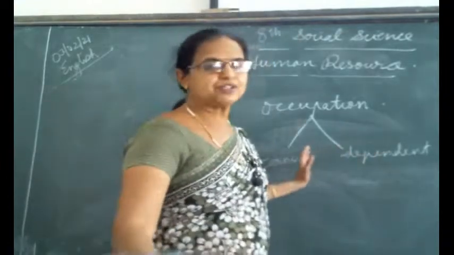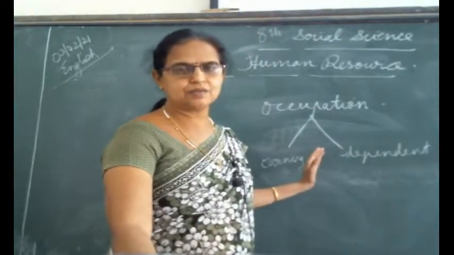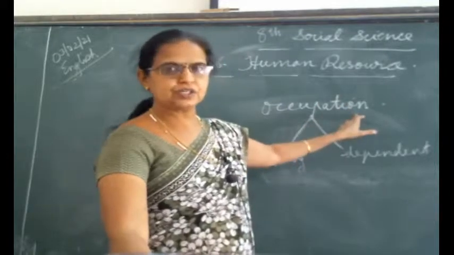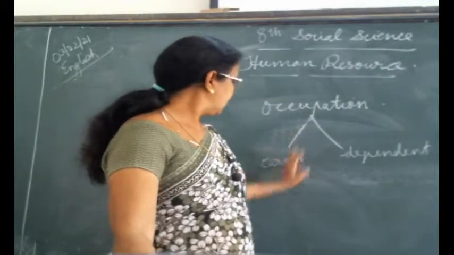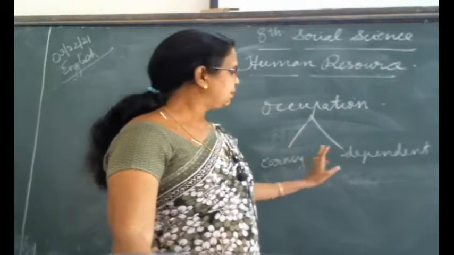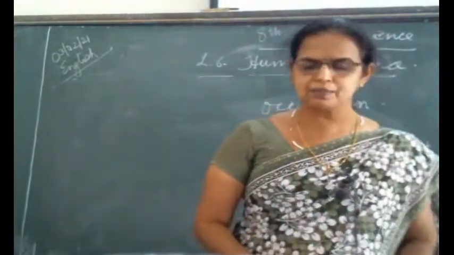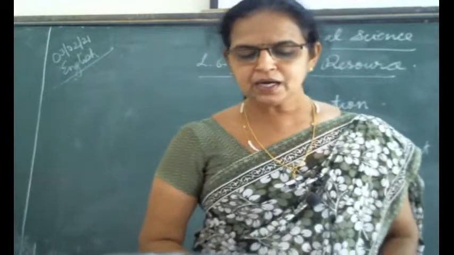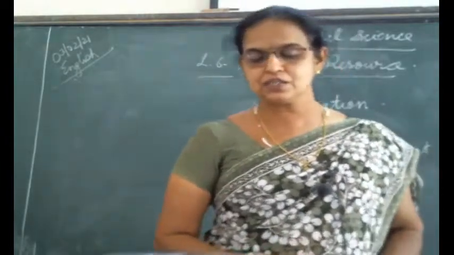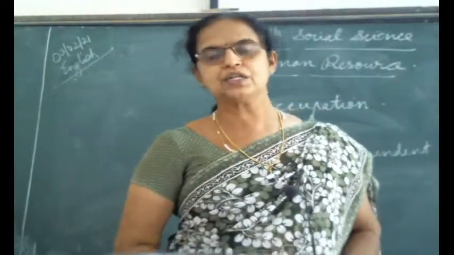So that structure may change. Definitely it will change. So in occupational structure, two types are there. First one is earning people and second one is dependent people. Otherwise earning population and dependent population. Clear? The earning population is constantly increasing due to rapid industrialization in the country.